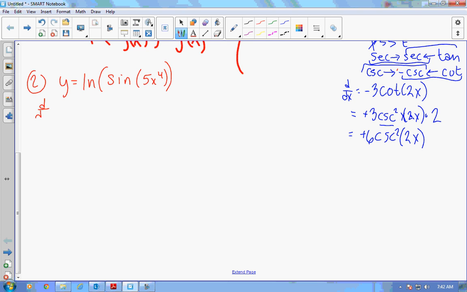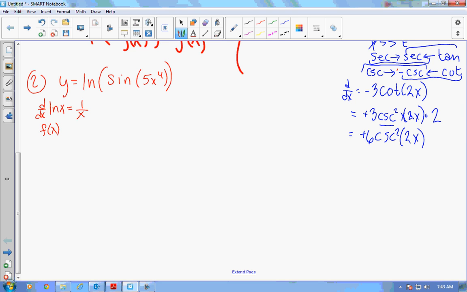What's the derivative of natural log x? 1 over x. That's a nice one to memorize. Okay, so it'll be 1 over x, but we have a what inside of the x position? Yeah, we have some chain going on. So we need to find the derivative of sine 5x to the 4th.